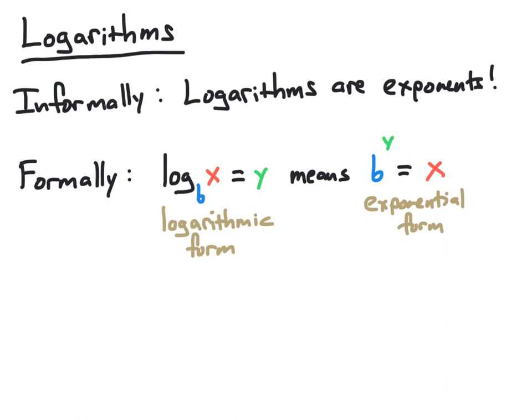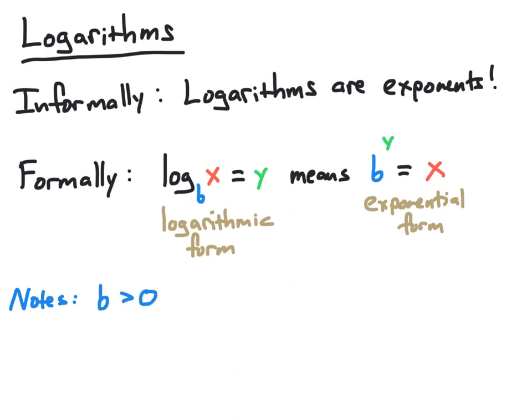But before we do any particular examples with this, there are a few notes that are in order. Some things that we can see from just this definition are worth making note of now before we start doing anything with logarithms. The first thing to note is that the base b of the logarithm must be a positive number.